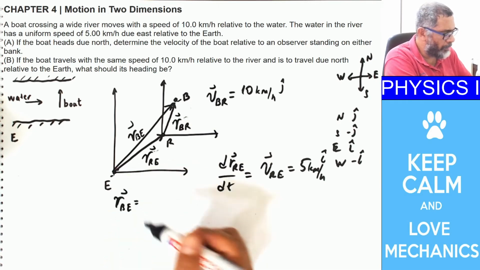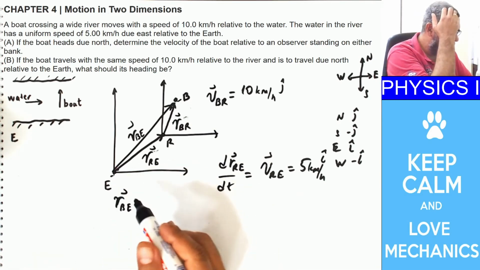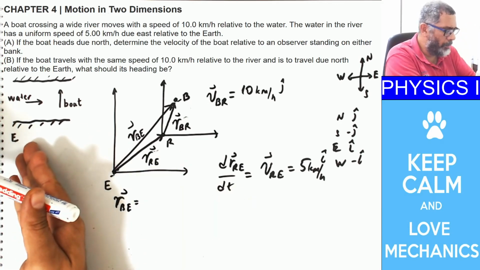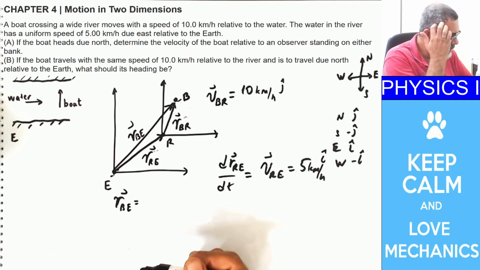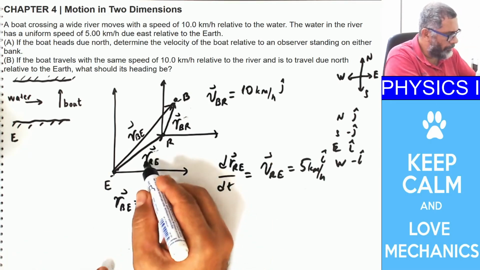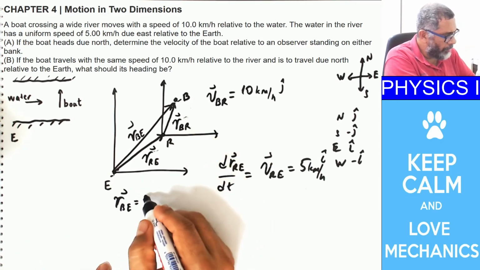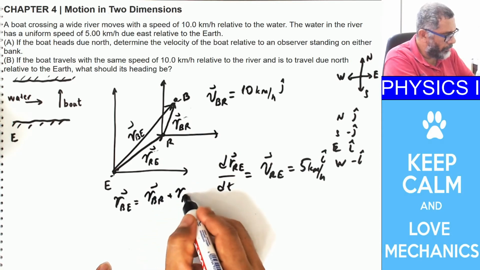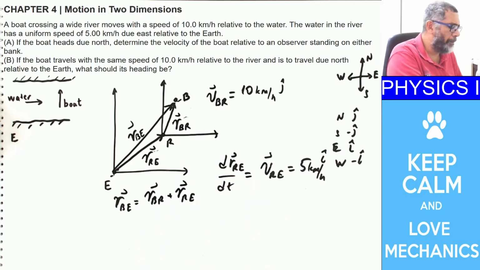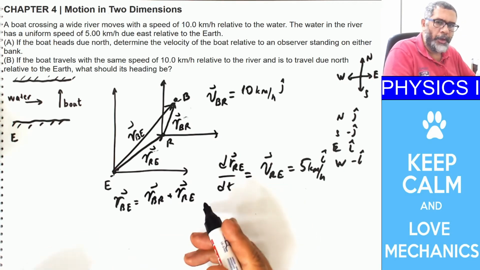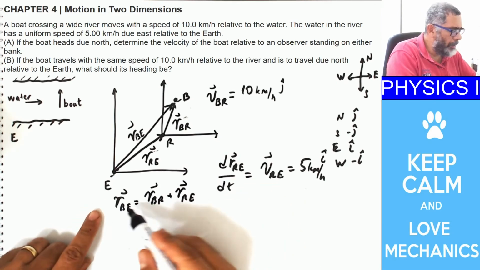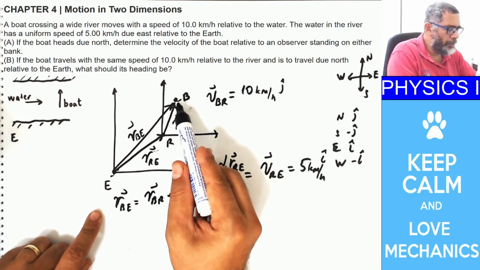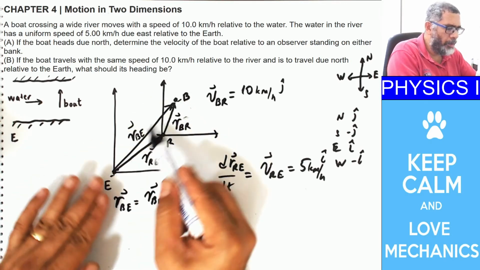In this case, the fixed, steady coordinate system is the Earth coordinate system, or somebody who is on the bank of the river. And it is the sum of these two vectors, R_BR plus R_RE.